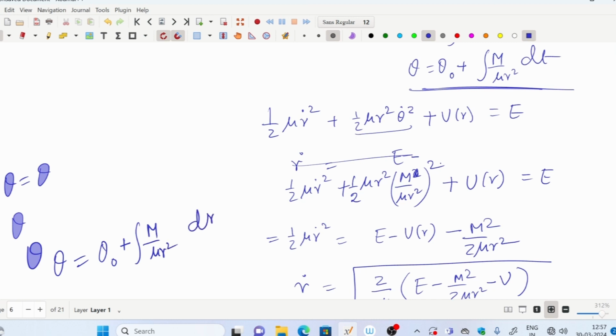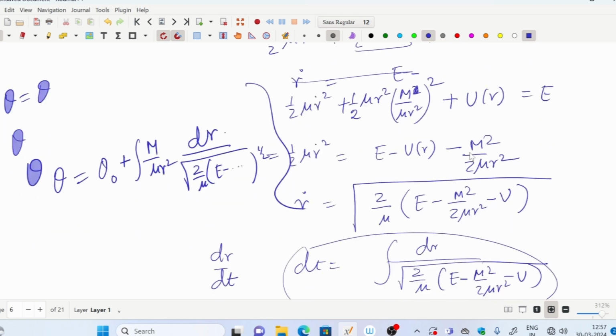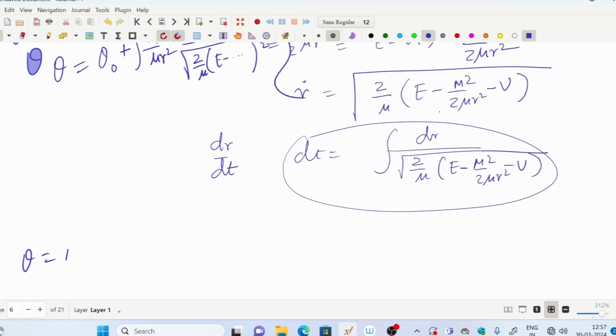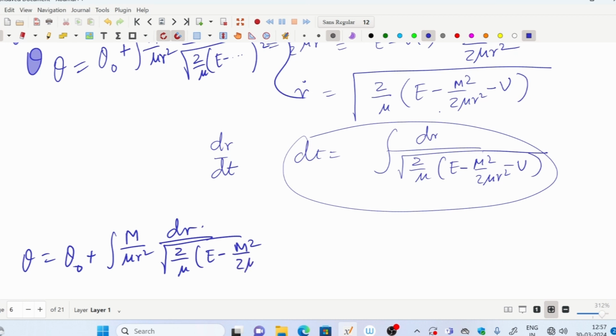Now in dt we will write dr times the square root of 2 by mu, E minus m square over 2 mu r square minus U, to the power half. Let me write nicely: theta equals theta 0 plus the integral of m over mu r square, dr, root over 2 by mu, E minus m square over 2 mu r square minus U. Okay. So this is the integration.